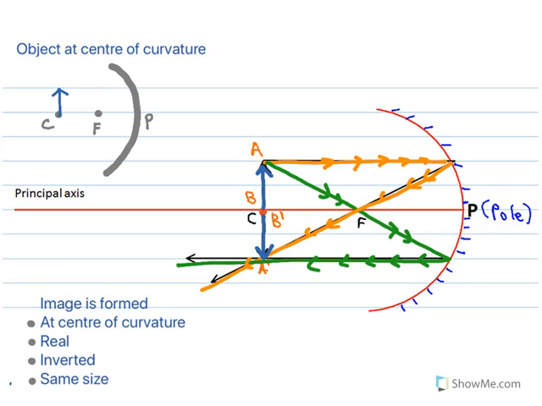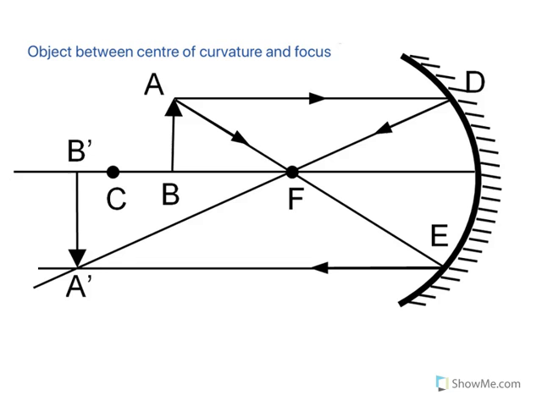And then you draw two rays, one ray that is parallel and another ray that passes through the focus. And you know how these rays behave. The parallel will go to the focus and the one which is through the focus will go parallel. And then you will find that they almost meet at this point. If your diagram is correct and you do it as per measurements, you will get a diagram something like this.